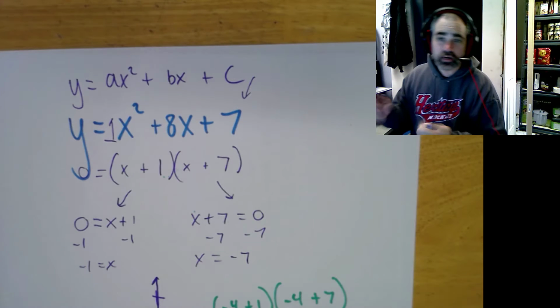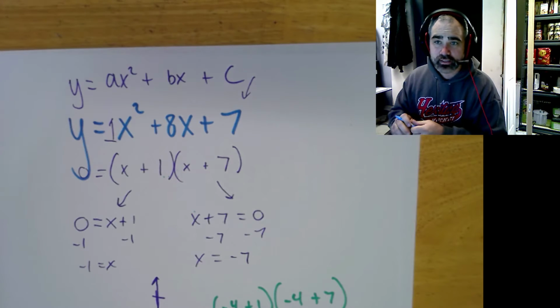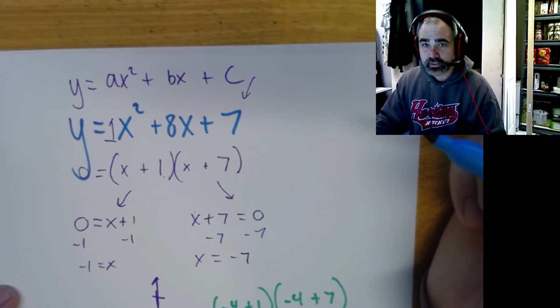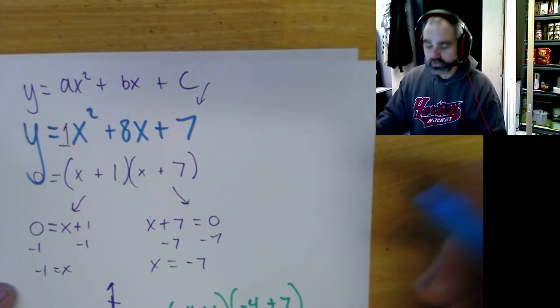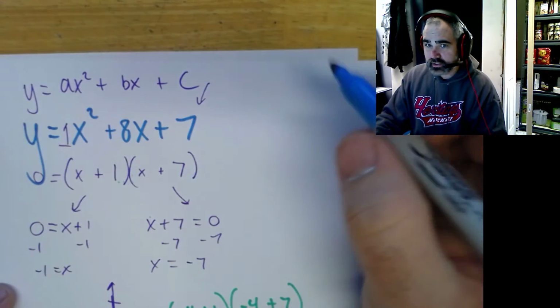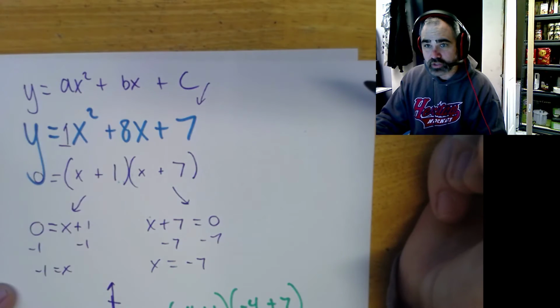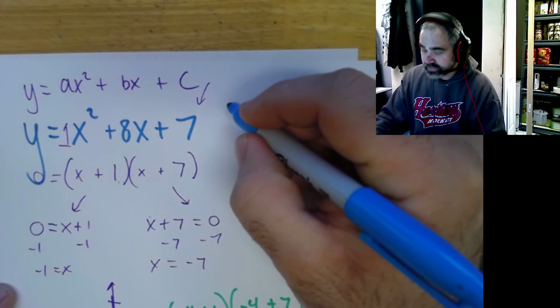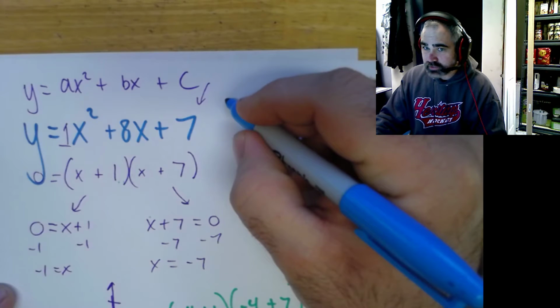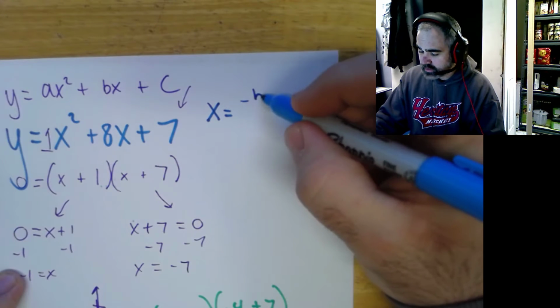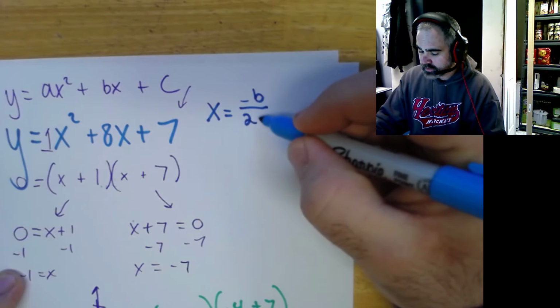They could be 0 and we don't write them in. That's fine. But they are always numbers here. If you find the b value and the a value, whatever they happen to be, you can plug them into this equation. The line of symmetry is going to equal this: negative b divided by 2a.